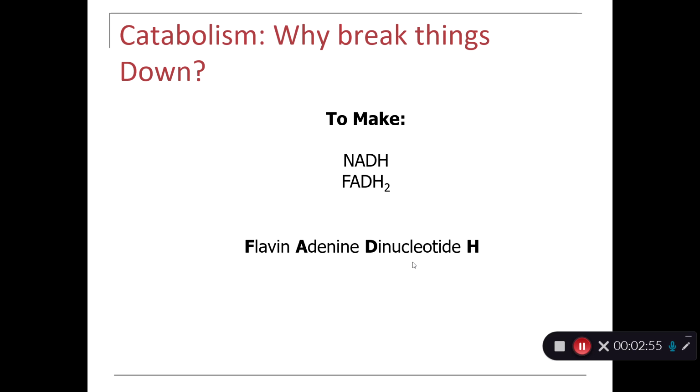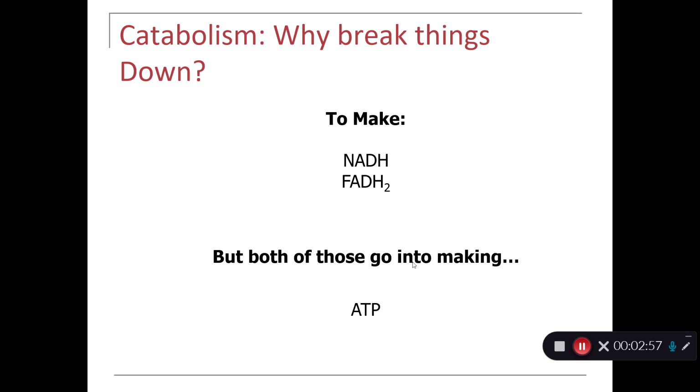Lots and lots of fancy words. If you decide to go deeper down the rabbit hole, NADH and FADH2 do a lot. But for us, all we care about is that they contribute to the formation of ATP in cellular respiration, which we'll be talking about in a little while.